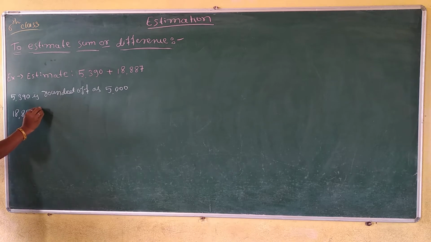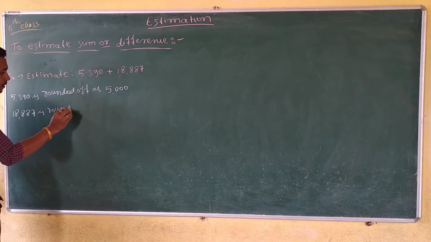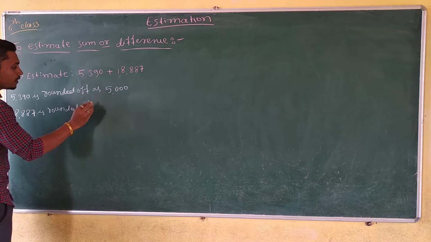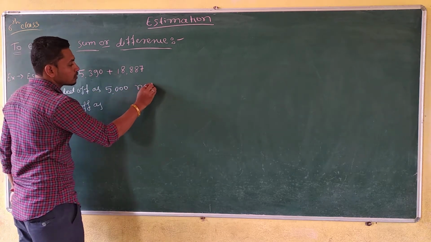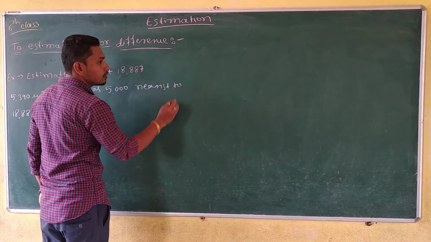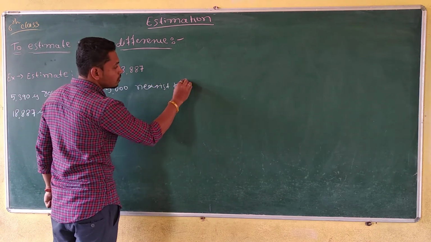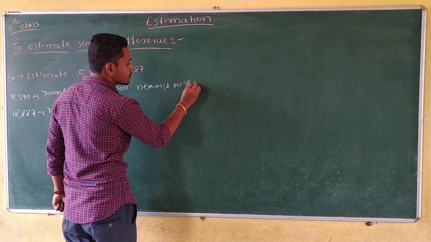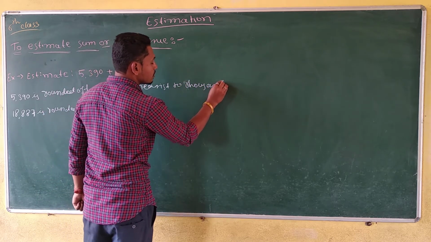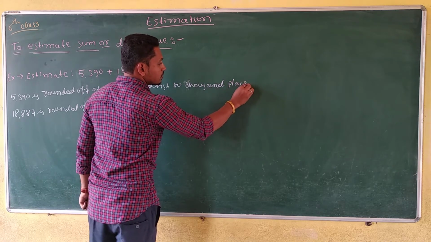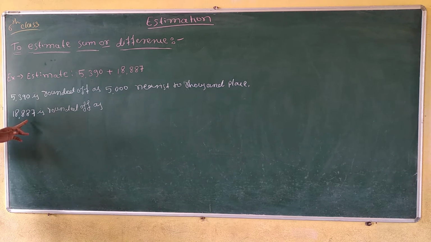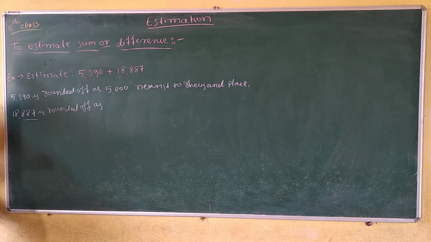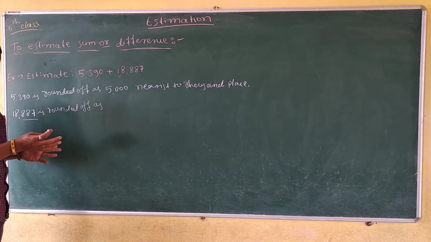18887 is rounded up as nearest to the 1000 place. Here 887 is nearest to 1000.